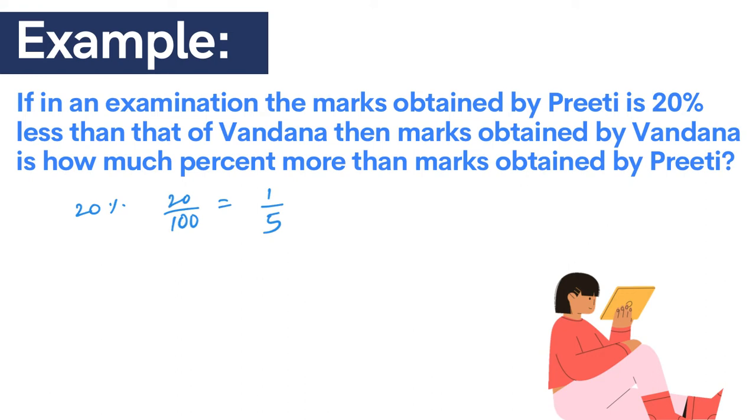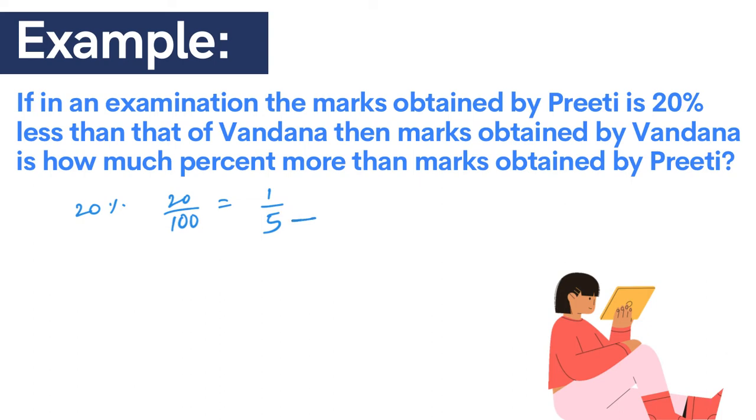If I don't know Vandana's marks, I cannot calculate Preeti's marks. So this is the reference: Vandana's marks are 5. Then Preeti's marks are 20% less, so 5 minus 1 is 4.